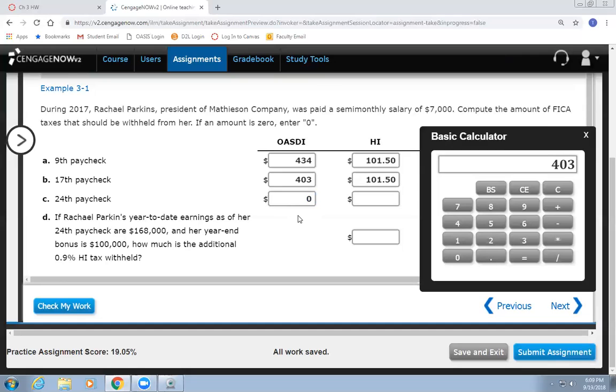Okay. But then again, on the high side, you can calculate it just to make sure, but 24 paychecks of $7,000 puts her at a gross salary of $168,000. So she's still under getting that additional Medicare tax. So her Medicare tax is still the 101.50.